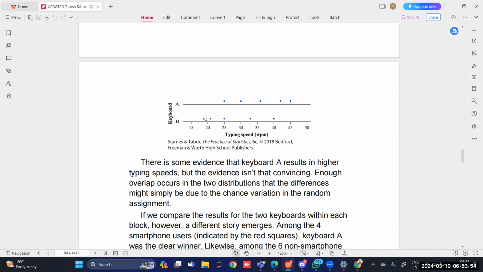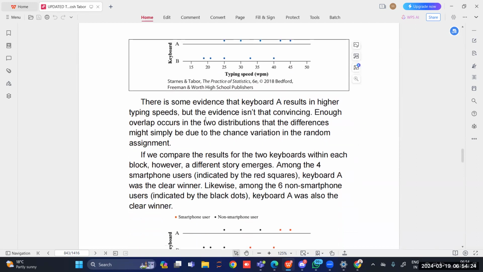You can directly tell me where they have taken less time, either in keyboard A or keyboard B. A is faster, B is slower. It is words per minute. If I have 15 words per minute, A is faster and B is slower.